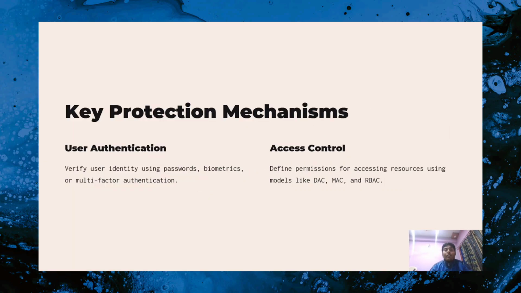Then there are key protection mechanisms. To meet these goals, operating systems have a variety of protection mechanisms, such as user authentication. Methods like password and biometric ensure that only authorized persons access the system.